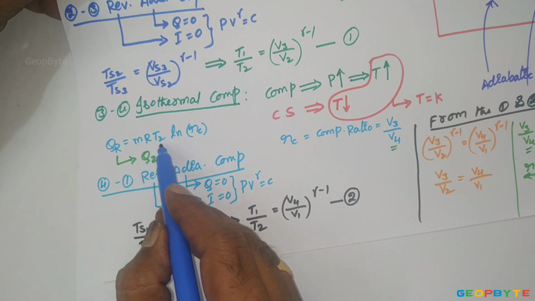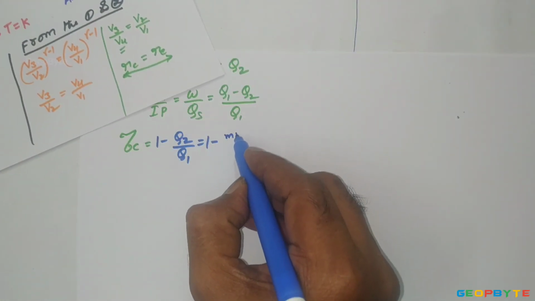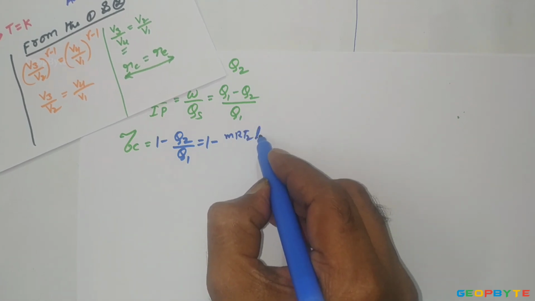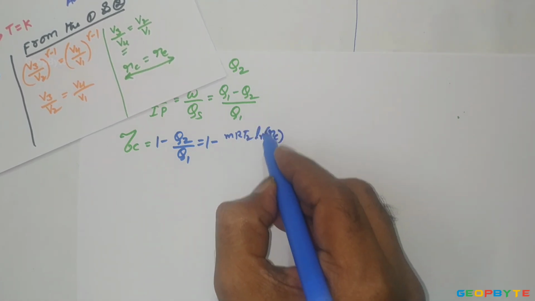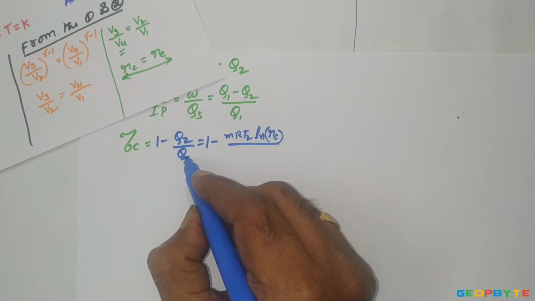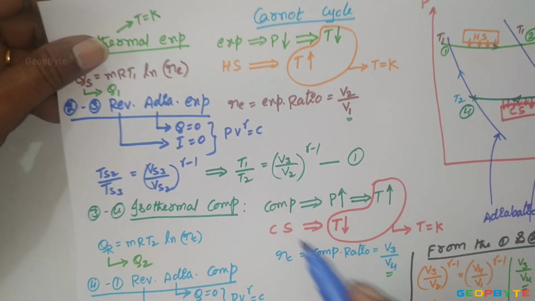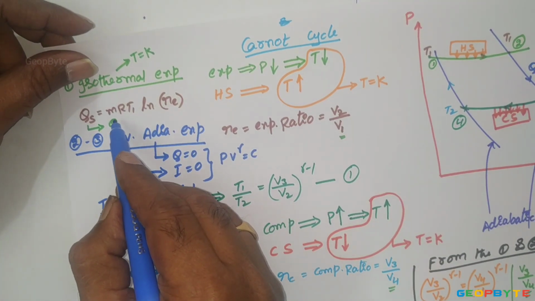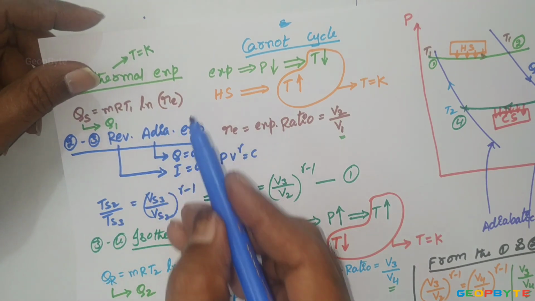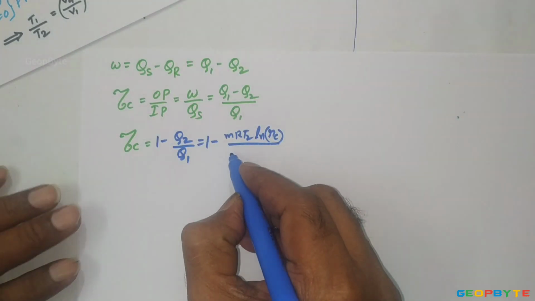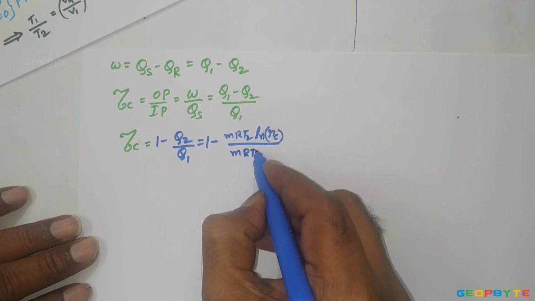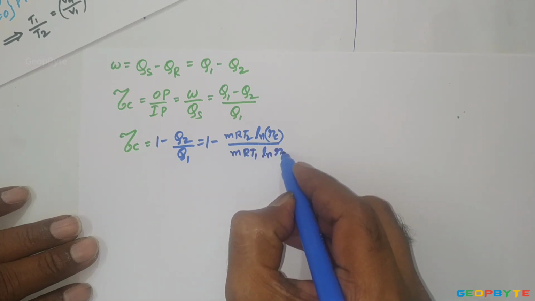Q2 is MRT2 ln Rc, divided by Q1. Q1 is the heat supplied. The heat supplied Q1 equals MRT1 ln Re.